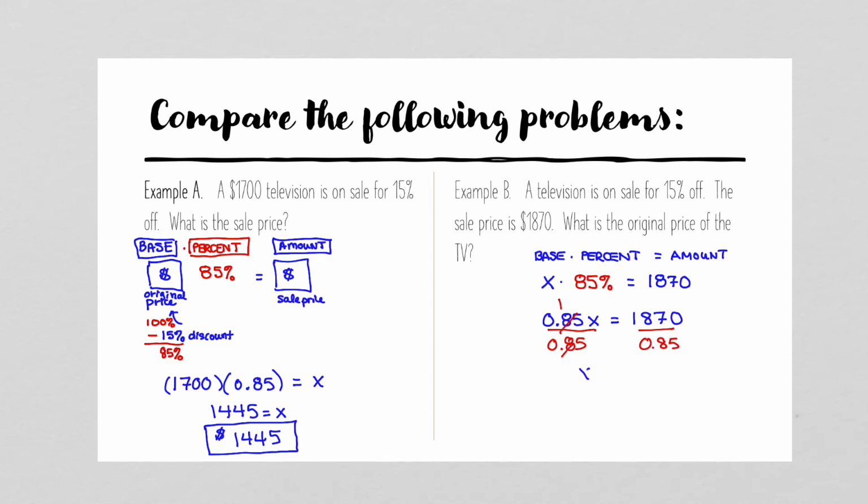That gives us that X is 1,870 divided by 0.85. Pull out your calculator. Divide those two numbers and you should get 2,200. Or in other words, the base, the original price of the TV, was $2,200.